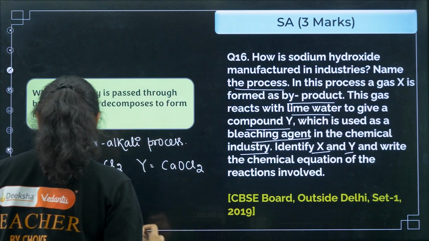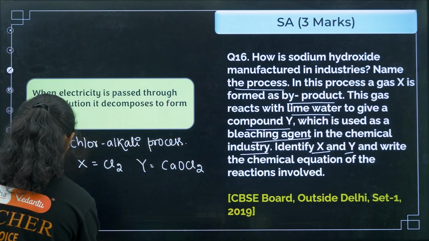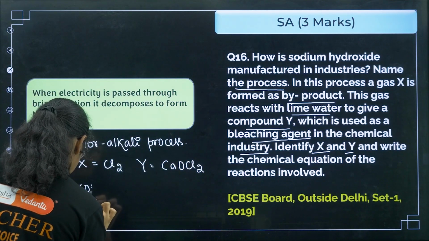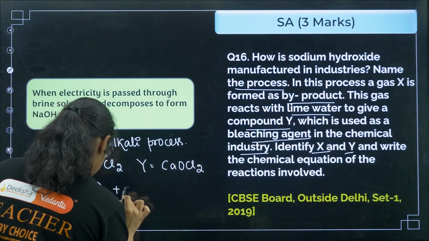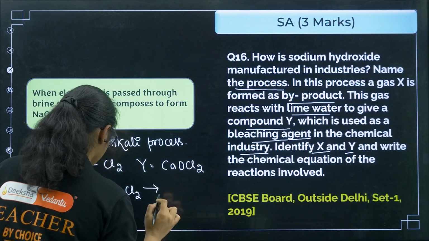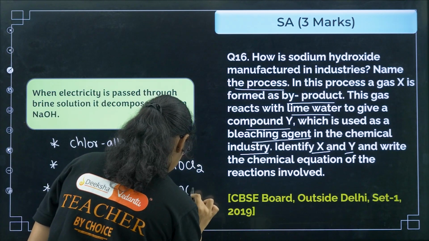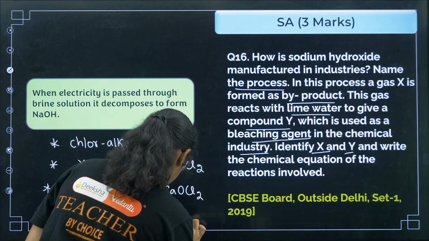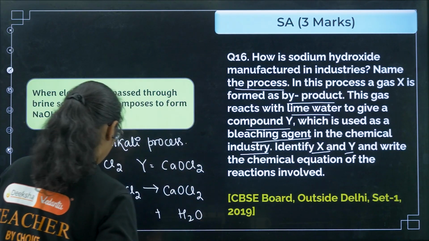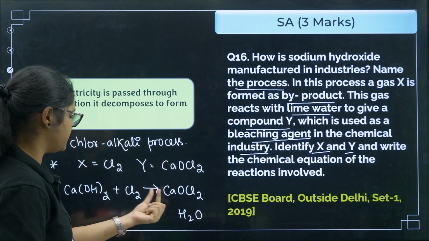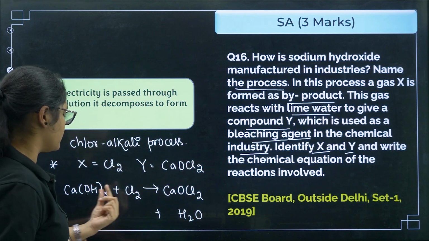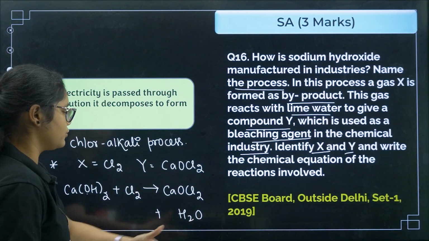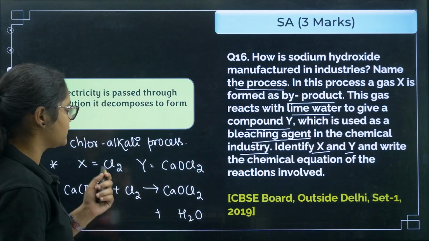The reaction is calcium hydroxide plus Cl2 gives CaOCl2 plus H2O. Now we have calcium, oxygen 2, 2 hydrogen and 2 chlorine. It is a balanced reaction. Clear?